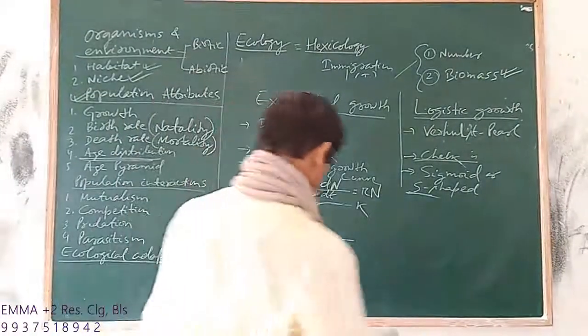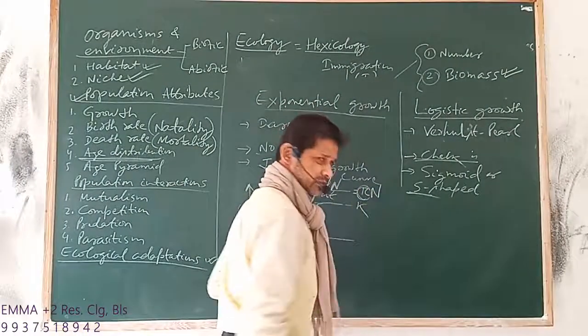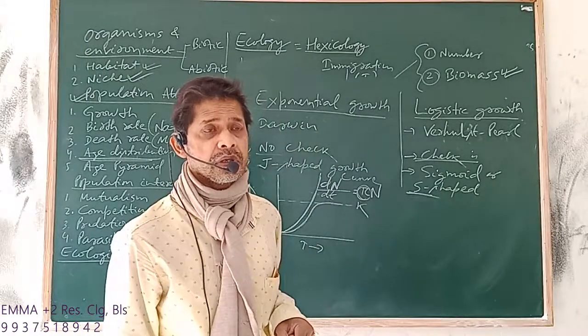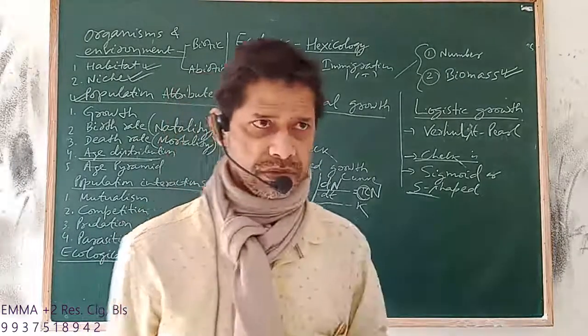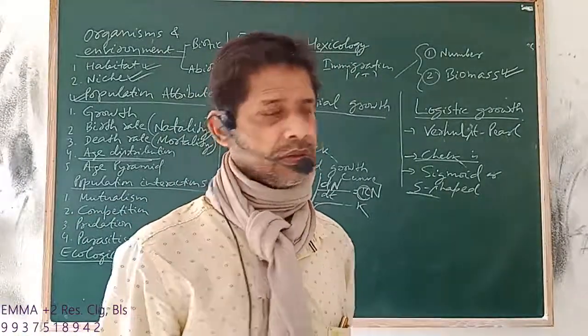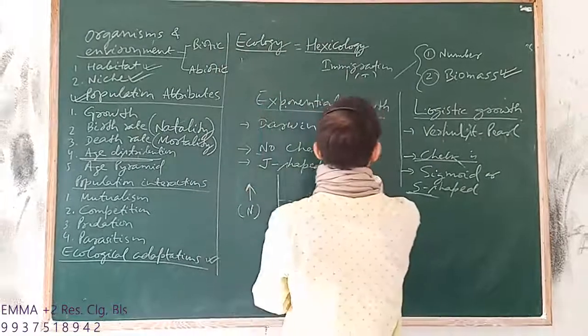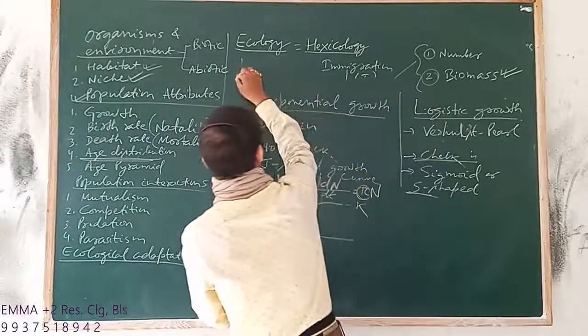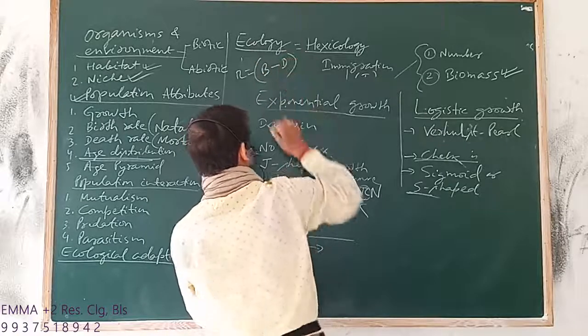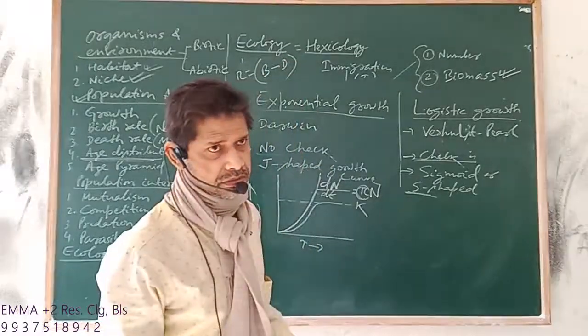So what is this R? R means rate of natural increase, intrinsic rate of natural increase. That R can be calculated by means of this formula birth minus death.